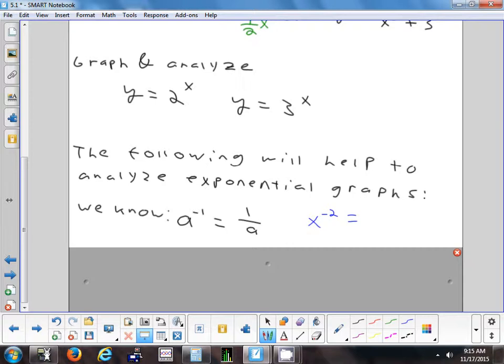Or no? This exponent stays attached to the x. It just moves to the bottom and becomes positive. So 1 over x squared. What if I had y to the negative third? 1 over y to the third. Okay, so anytime you have a negative exponent, we just put it in the bottom, and it becomes positive.